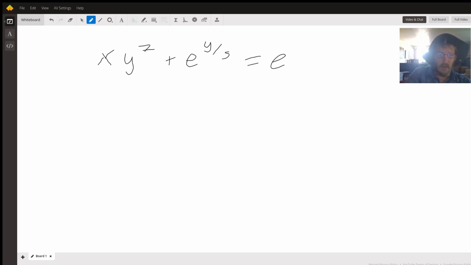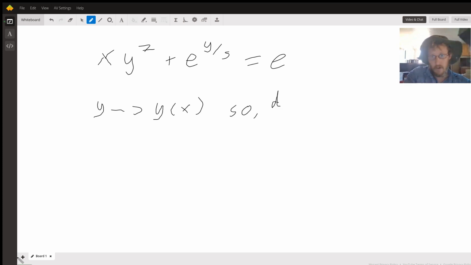So when we do implicit differentiation, we treat y as a function of x. So when we take the derivative of y with respect to x, we apply the chain rule, and we'll get more into that later.